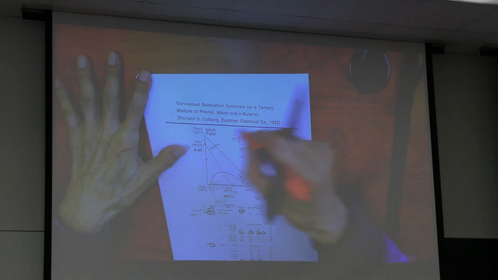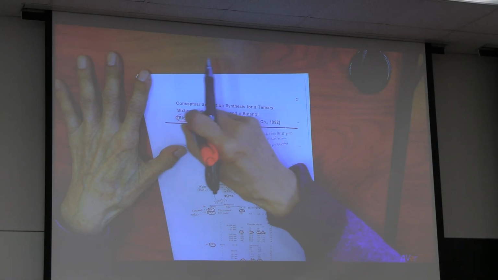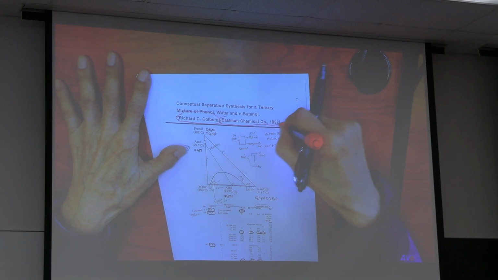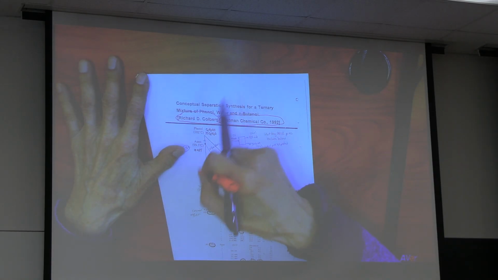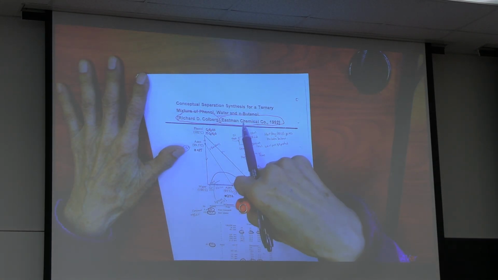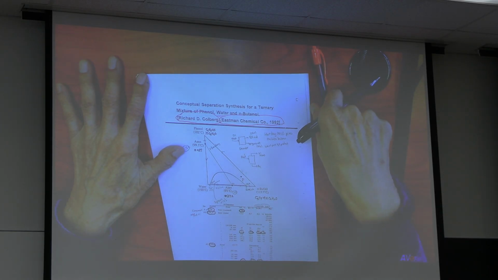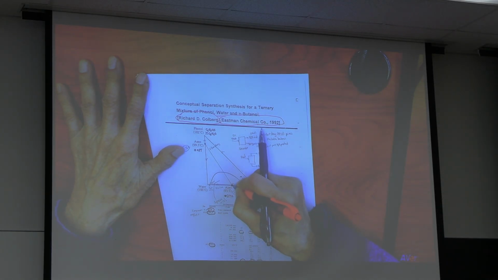All right. Now, let me see. I think I'm going to cover this famous problem. Who is your project advisor? Eastman Chemical. What is the tricky problem? Phenol, water, normal butanol, azeotrope.